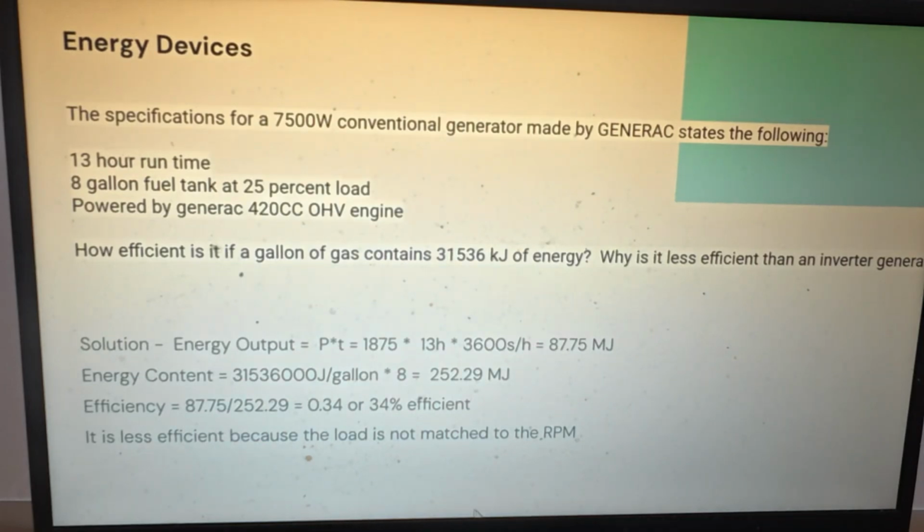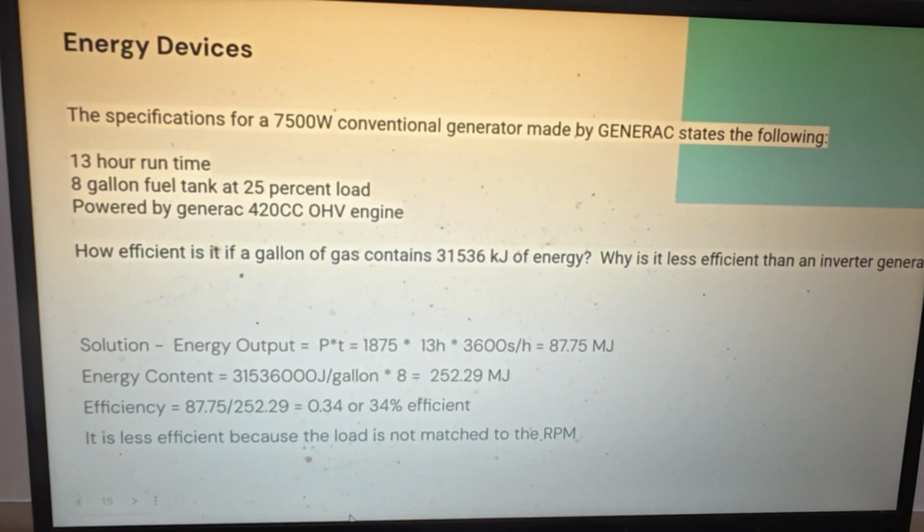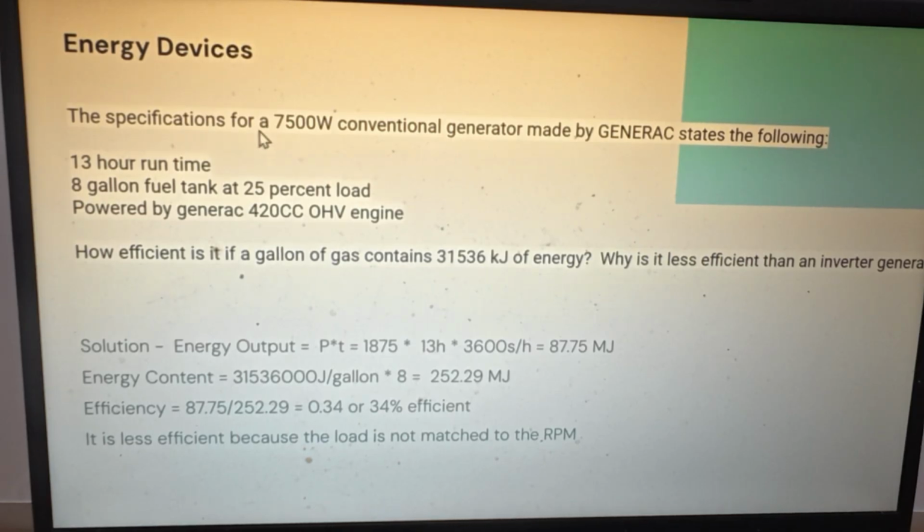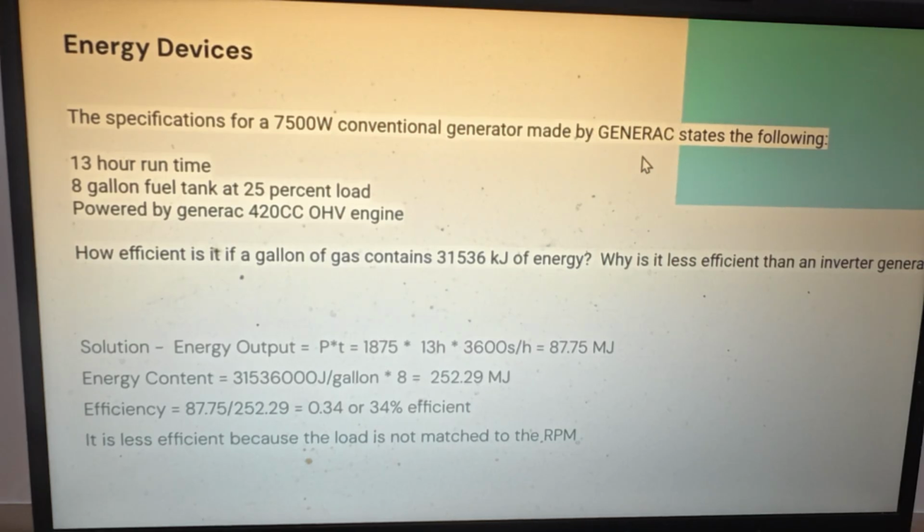So let's look at another sample problem here. It's another generator problem, and this one is a conventional generator. It's a conventional 7,500 watt generator made by Generac. Generac is a very common name, a trademark for the company that makes the generator.